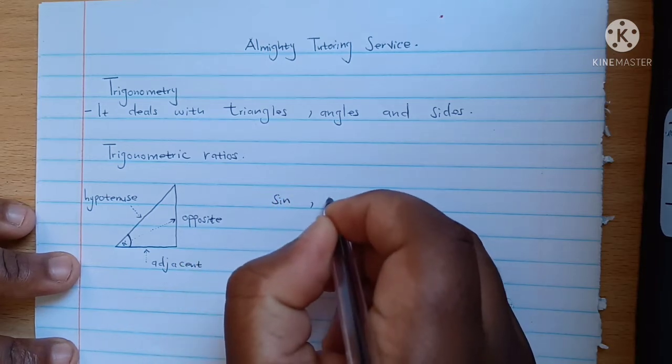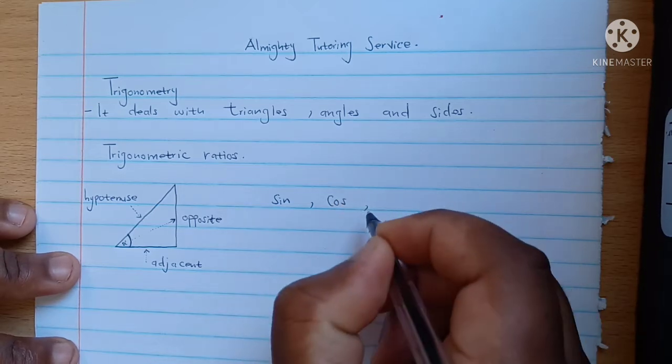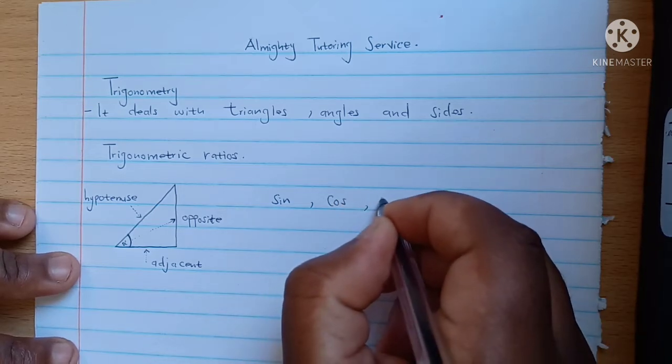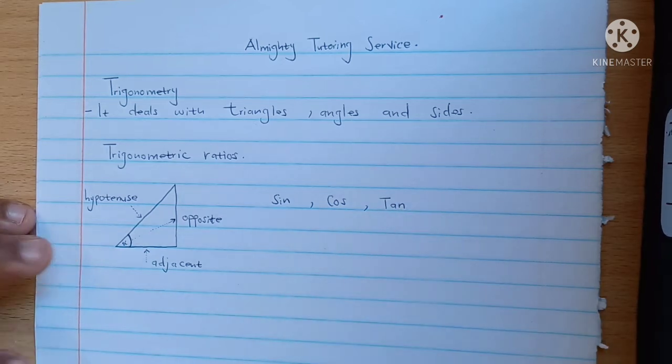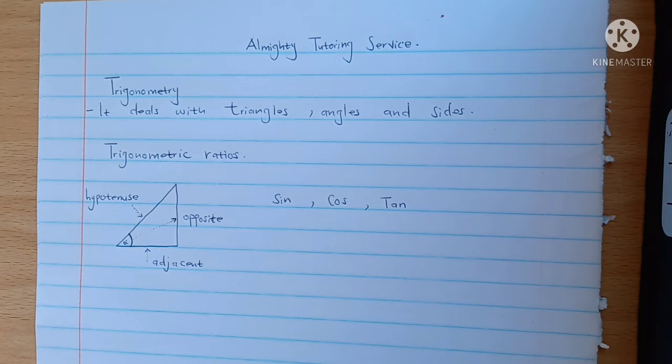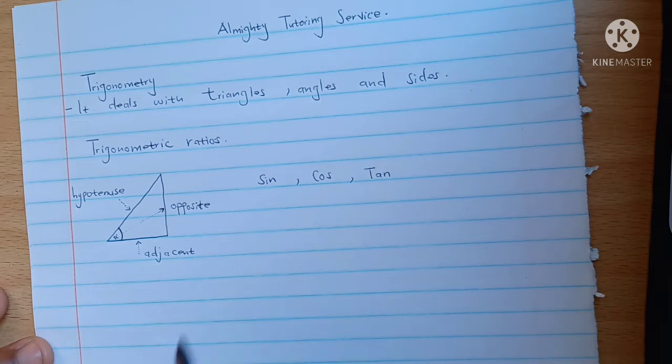right? We have what we call cos. I know you know this from grade 10. We also have what we call tan, right? Now, you are given the angle alpha and they tell you find sine alpha.